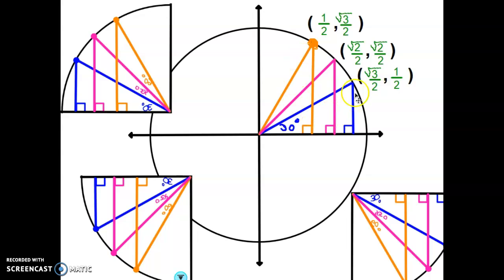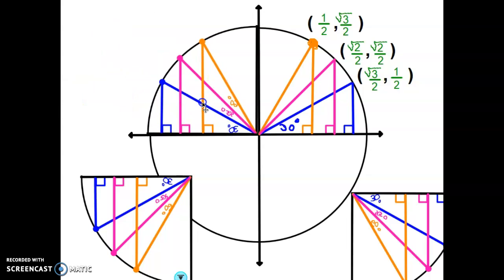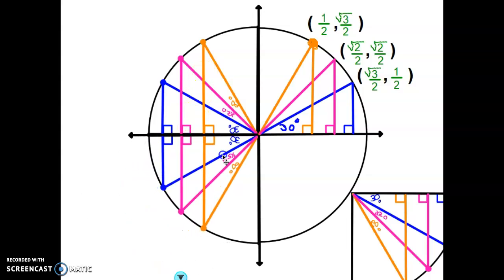Now if I would take this and reflect it over this y-axis, we would get this guy right here. And these will be the exact same over here, but guess what? All the x's are negative. And now if I would take this and flip it across the x-axis, I'd get this in the third quadrant.